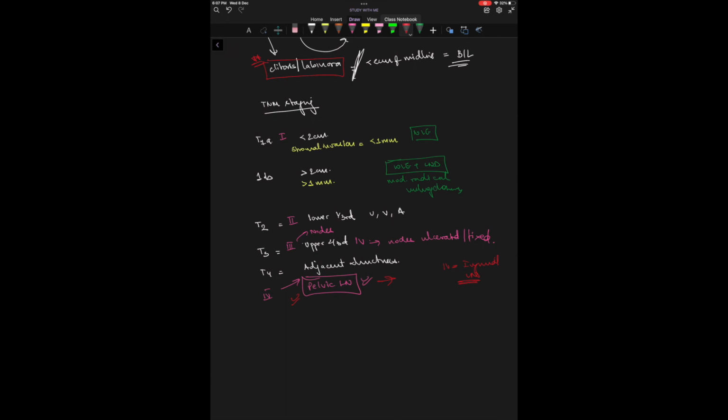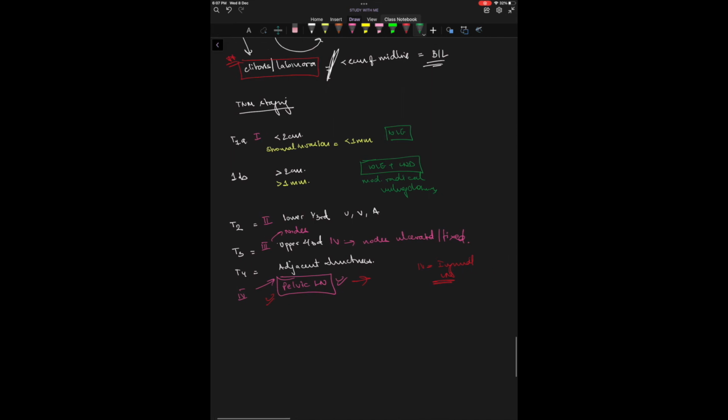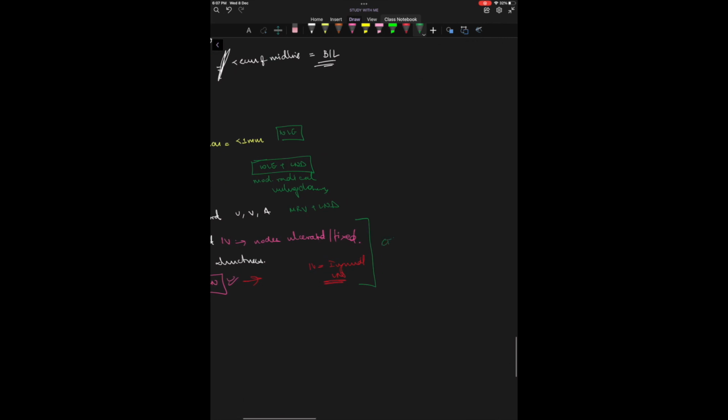Now coming to the management, we already discussed stage 1, we'll do wide local excision plus minus lymph node dissection. In stage 2, we go for modified radical vulvectomy plus lymph node dissection, and all the other stages we'll go for chemotherapy and radiotherapy. Right?